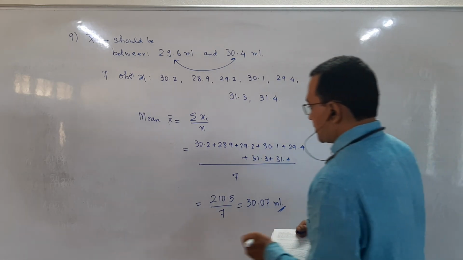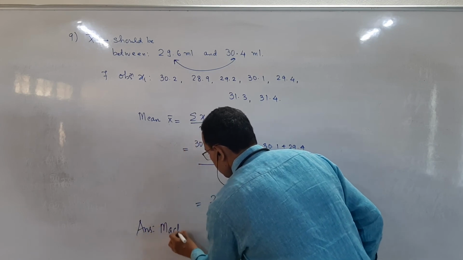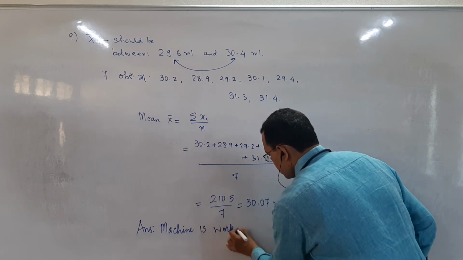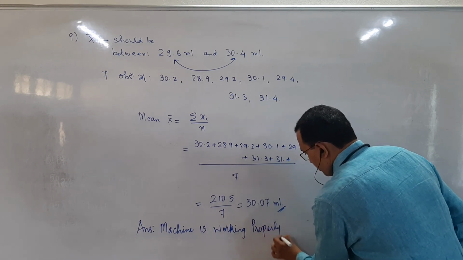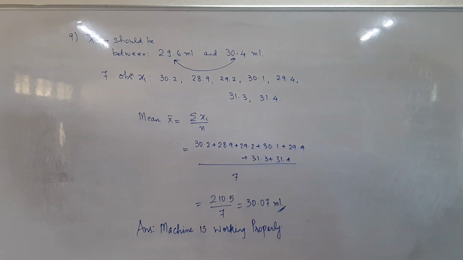So final answer, machine is working properly. Absolutely right, students, because the mean content of perfume in the bottles must be between 29.6 ml and 30.4 ml, which is already there, students.